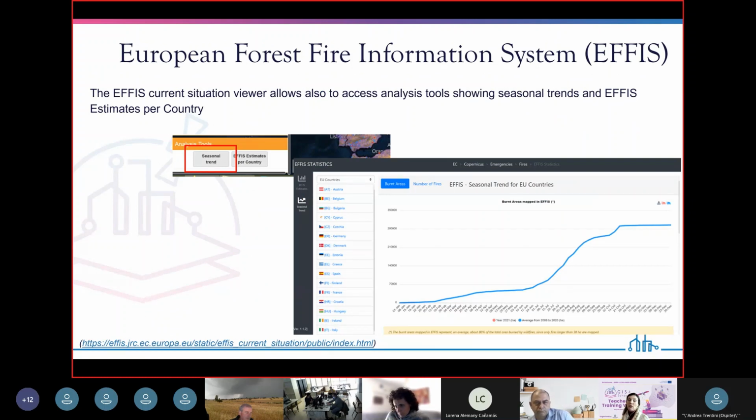From the website, you can also access other details coming from additional statistics which can be computed starting from all these data which are organized into a database. And the service itself provides statistics and graphs that can be computed. Here, for example, you can see the seasonal trends for a certain country or for a certain year.